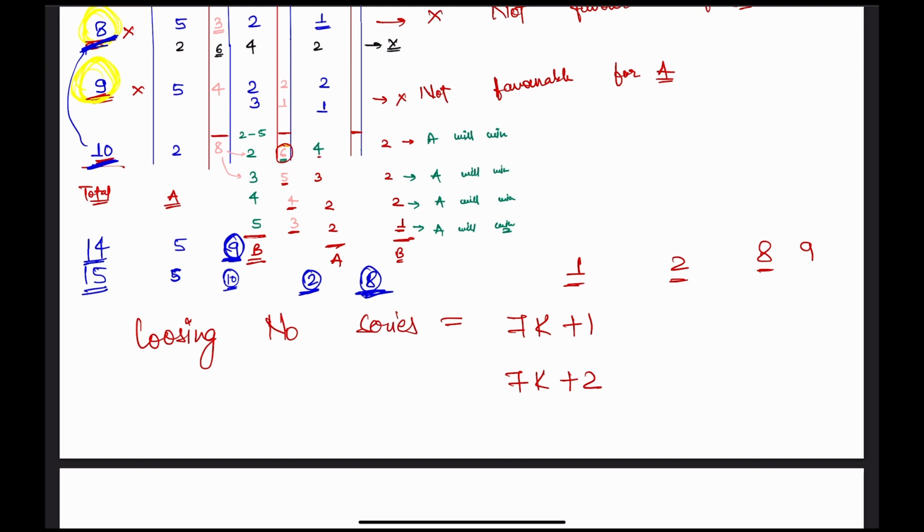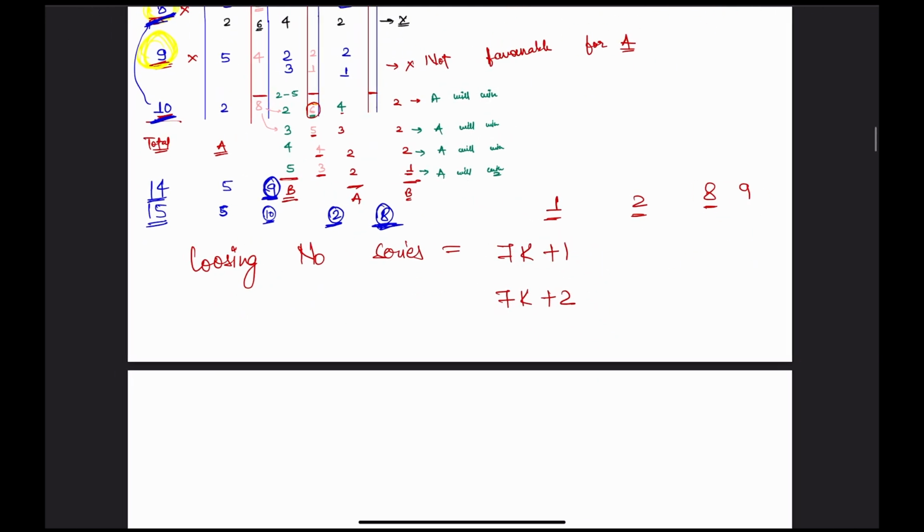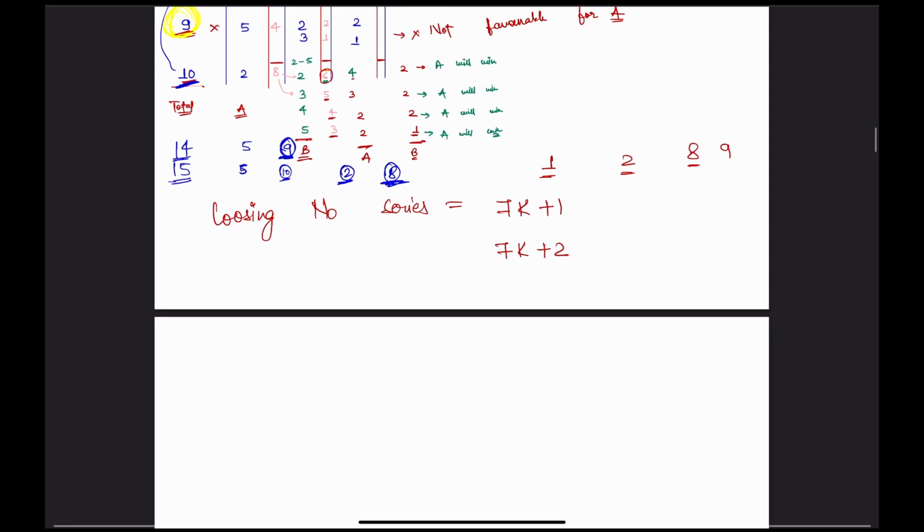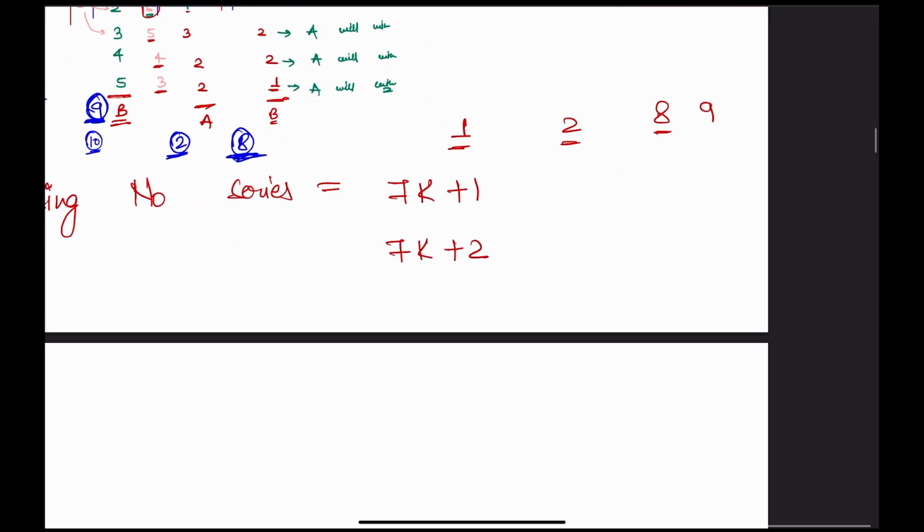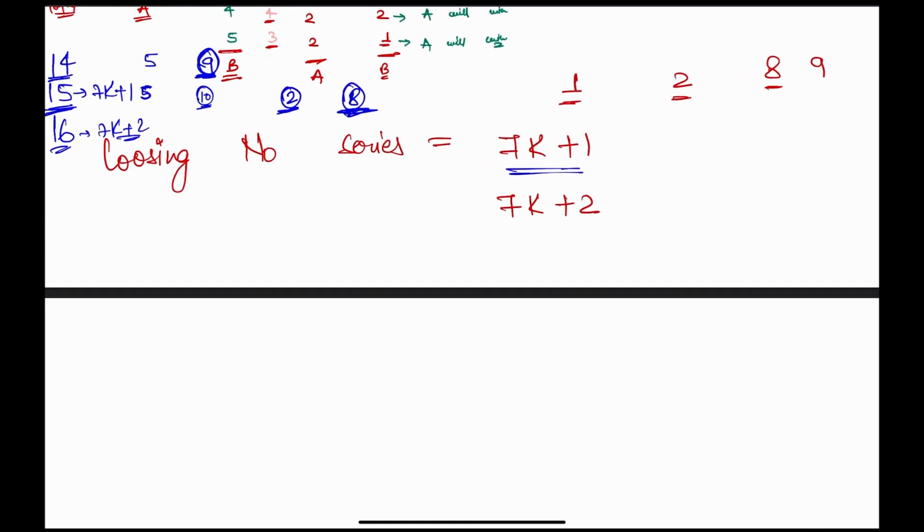So you see that 15 can be written as 7k plus 1, and 16 as 7k plus 2. So it can be written in this form.